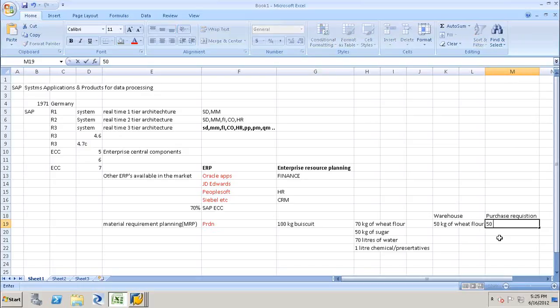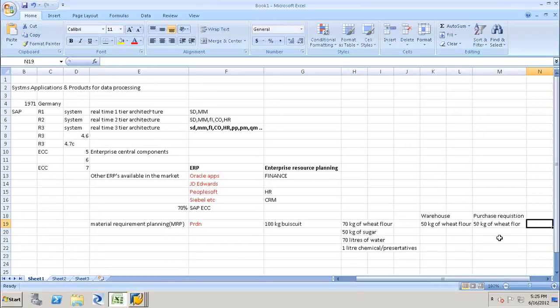So in that purchase requisition, I will mention 50 kg of wheat flour. Then that will be created and it will be notified to my purchase department guy, right?